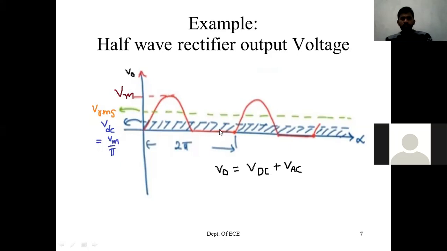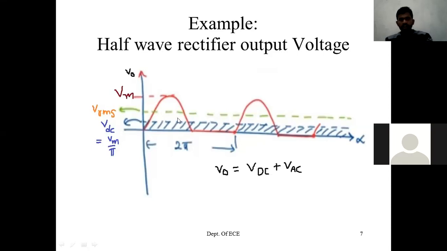For this waveform, if I find the average value or mean value, it is Vm by pi, shown here with the blue dotted line and shaded area.